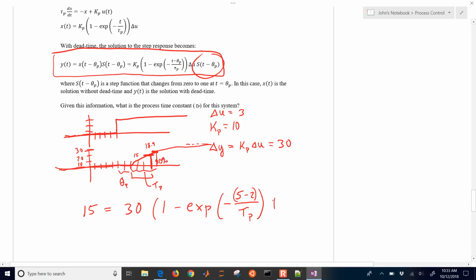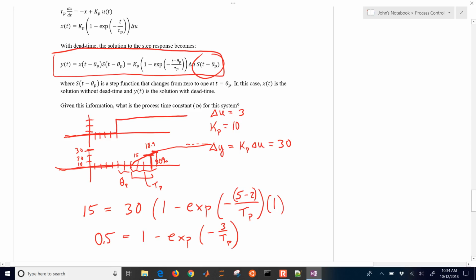So this is just going to be a 1 at the end. So I have a formula here that says I made it 50% of the way there. I just did 15 divided by 30 equals 1 minus e to the minus 3 over tau p.